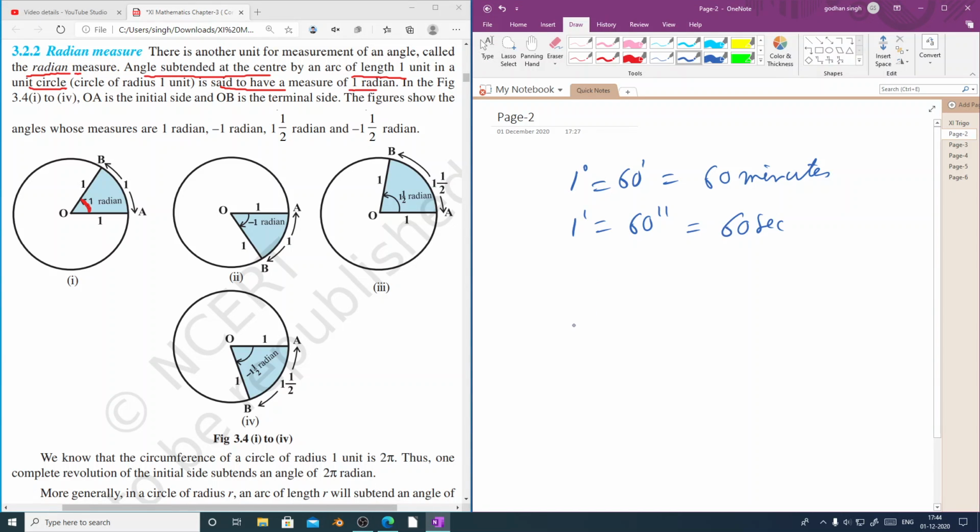But suppose the radius is r, and the length of the arc is L. In that case the angle made by the arc at the center will be theta equal to L by R. Why L by R? Because it must satisfy our initial concept of 1 radian.